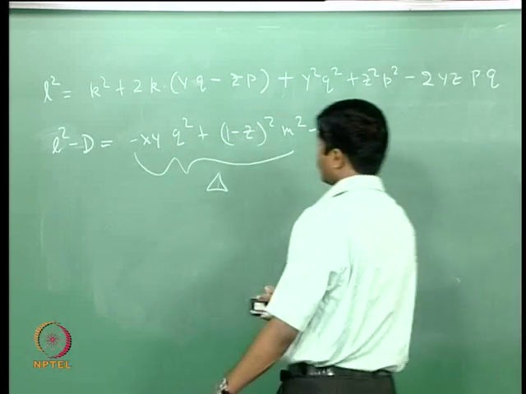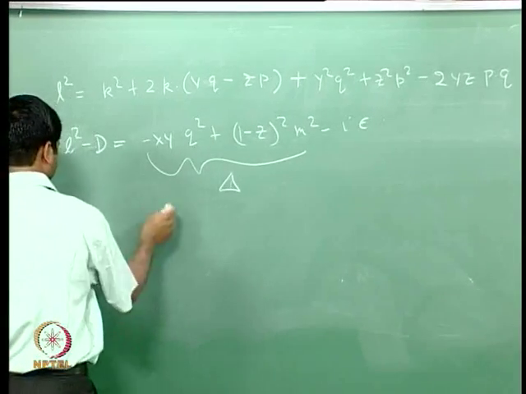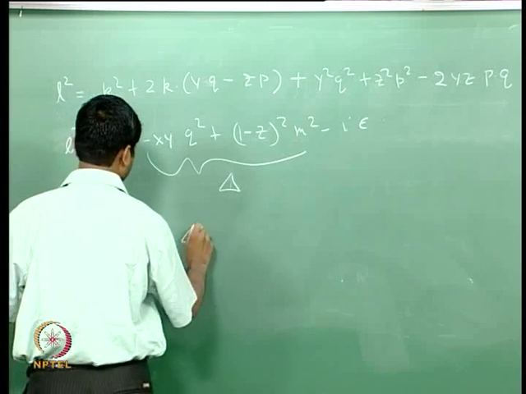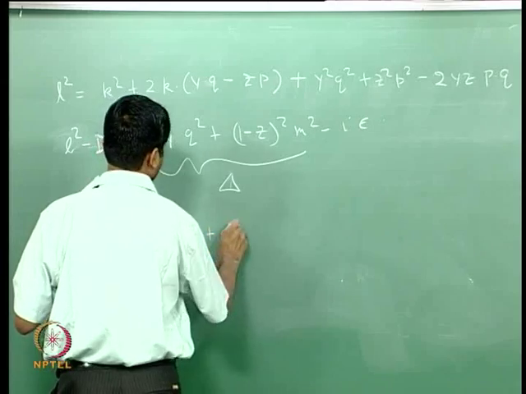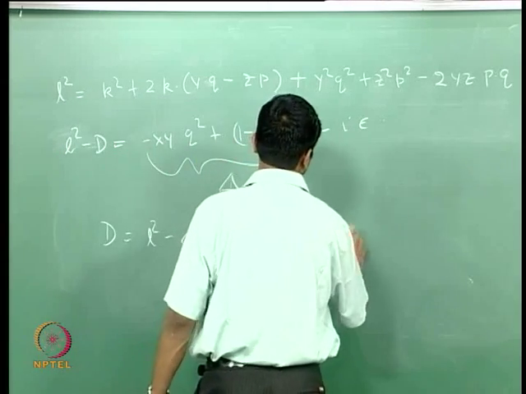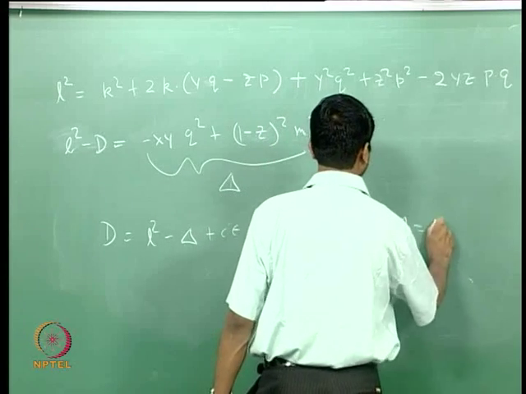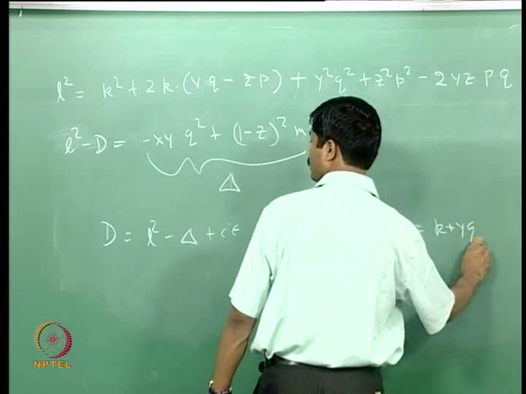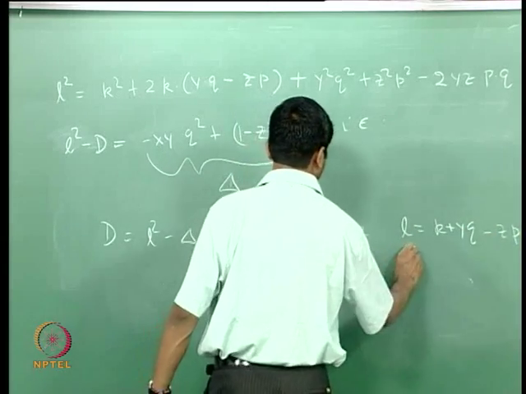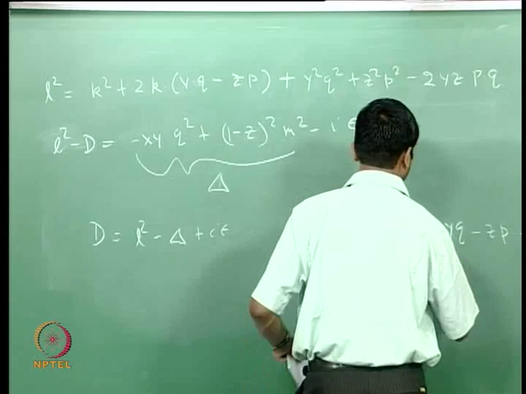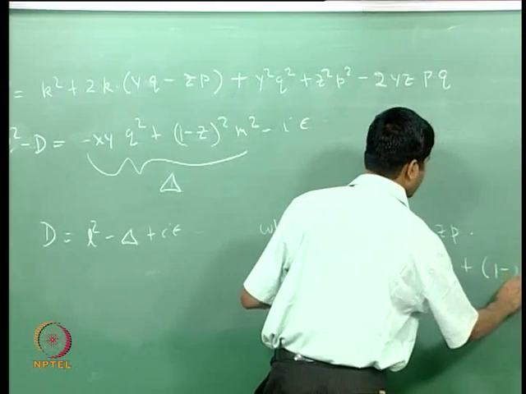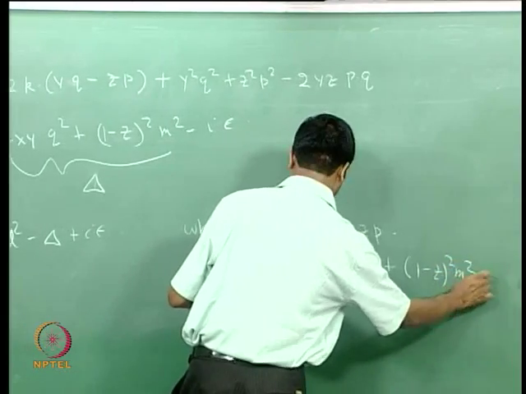If this is the notation I use, then my d is simply L square minus delta plus i epsilon, where L equal to k plus y q minus z p, and delta is equal to minus x y q square plus 1 minus z square m square.